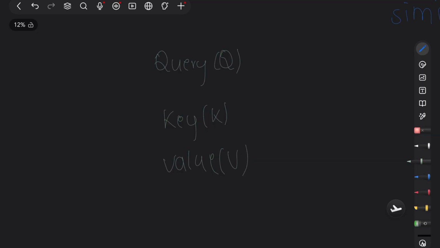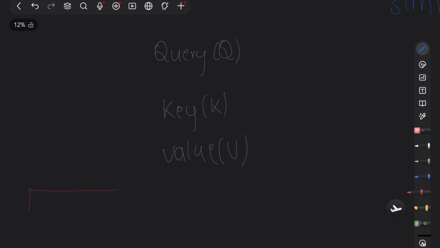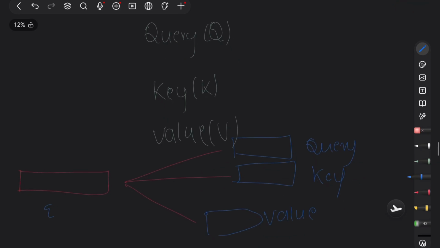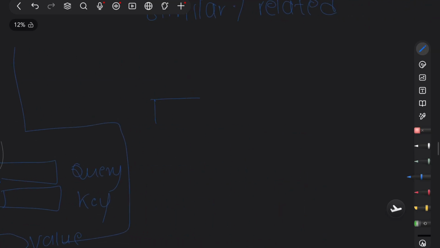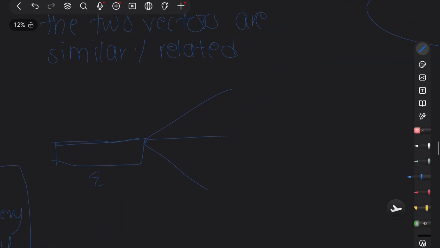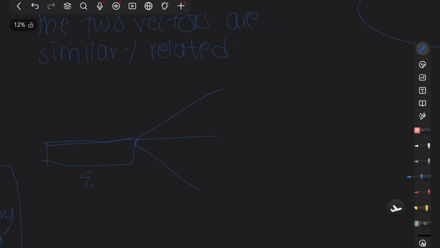What we do is we have an embedding. We generate three different values from this single embedding: query, key, and value. This was our initial embedding. So how do we do this? We have this embedding E. We multiply this with three different learnable matrices.